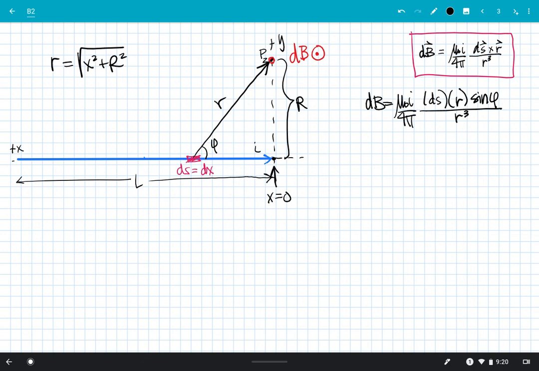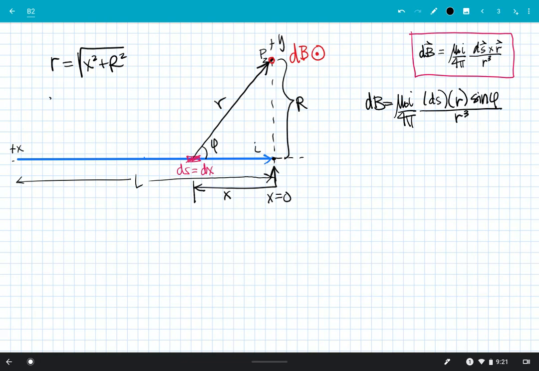If I'm looking at my right triangle here, of which little r is the hypotenuse, remember what x is. x locates our current element, our differential element, with respect to the origin. So x is actually right here. It goes from the origin to our differential element. So it's the base of the triangle, conveniently, for this problem. And that informs my coordinate system choice: what's a way that I'm going to be able to fairly conveniently express r.